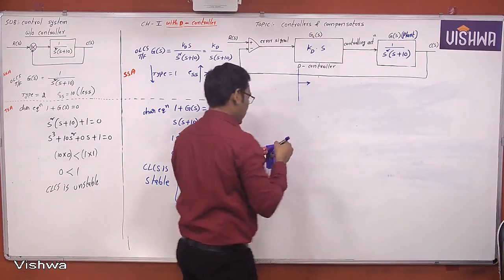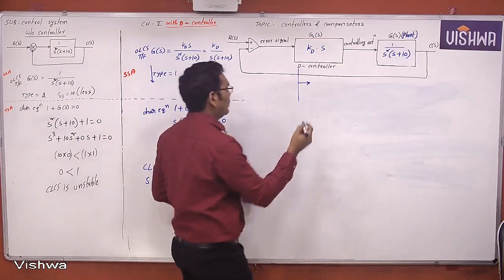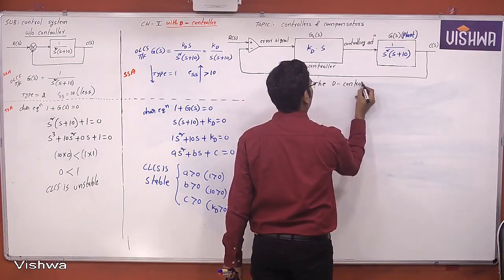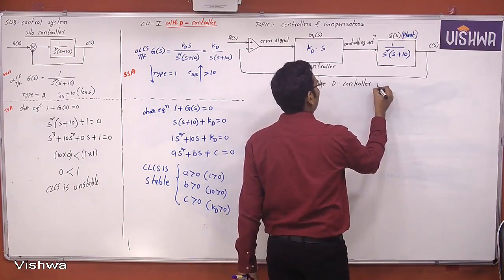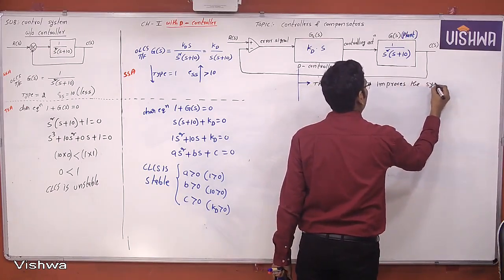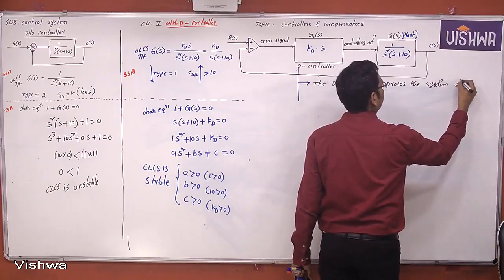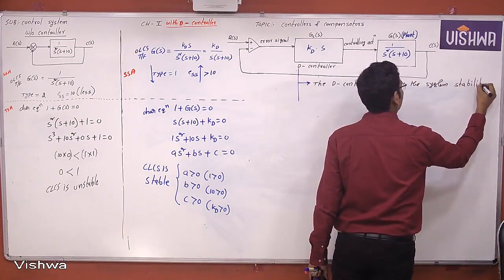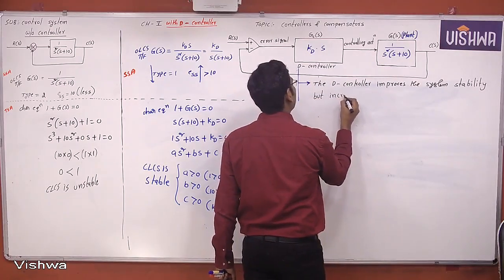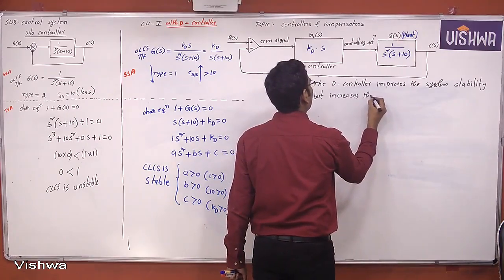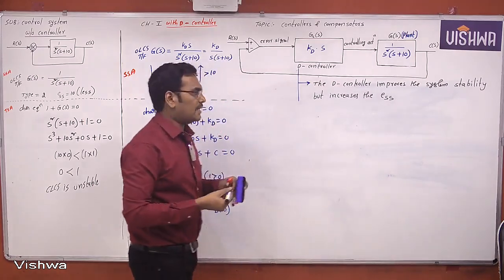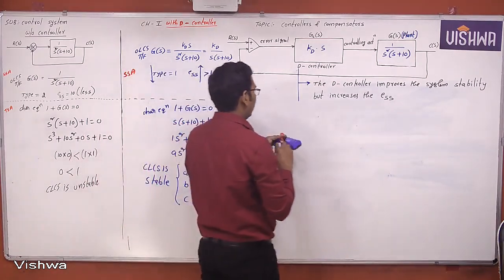Now what is the first point? What is the job of the D controller? The D controller improves the system stability but increases the steady state error. So it affects the steady state analysis, we say, right?